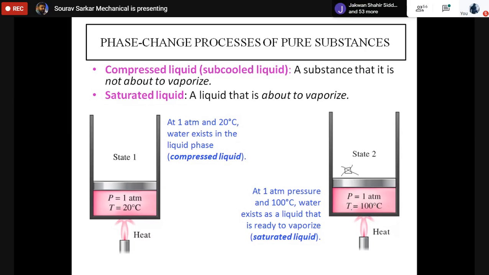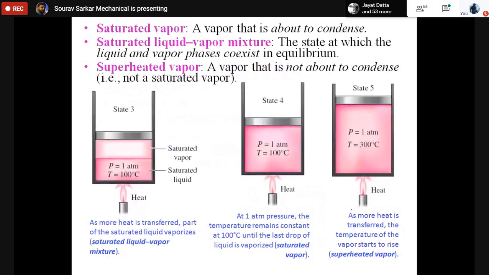But there will be only a slight change of volume because of this expansion. But whenever you start to heat it further, the liquid volume will decrease. The liquid volume decreases because the liquid quantity is decreasing. It's not that the liquid is compressing, but the liquid quantity slowly starts to decrease, while the volume of the vapor will increase sufficiently.